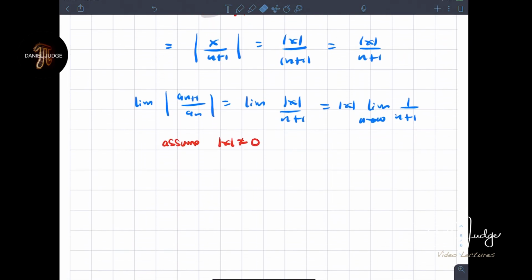But if we assume x is not 0, what we know is that as n gets big, 1 over n plus 1 goes to 0.